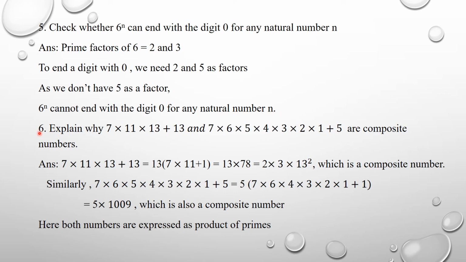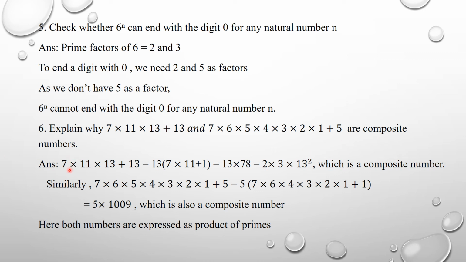In question number 6, explain why 7 into 11 into 13 plus 13 and 7 into 6 into 5 into 4 into 3 into 2 into 1 plus 5 are composite numbers.